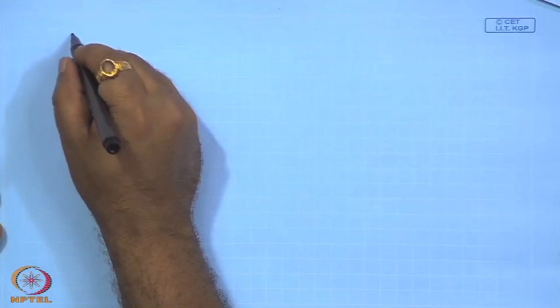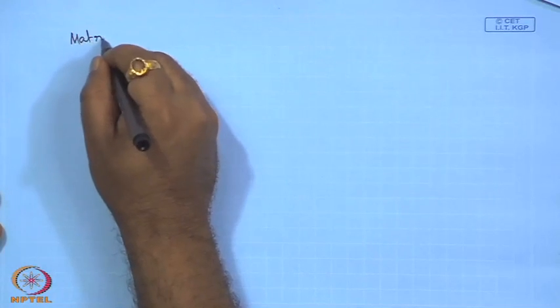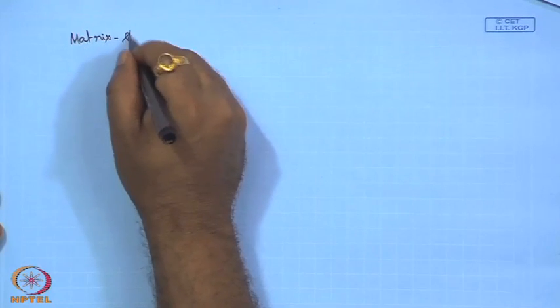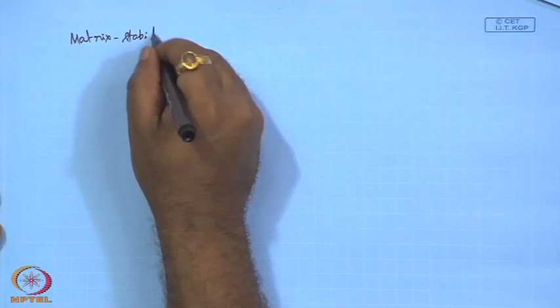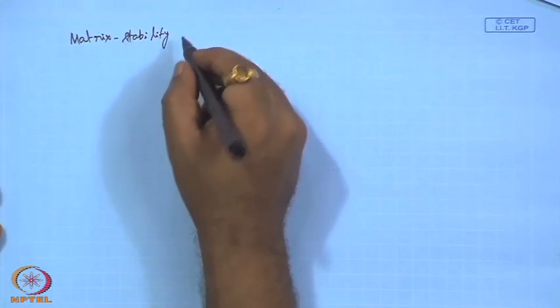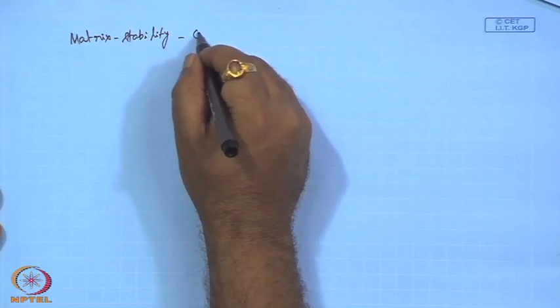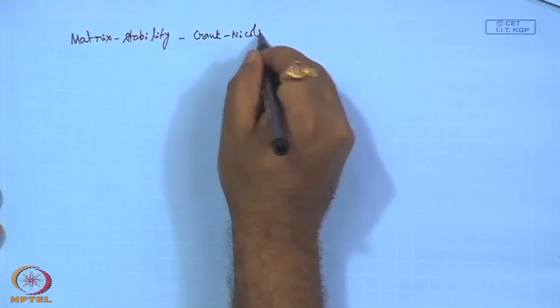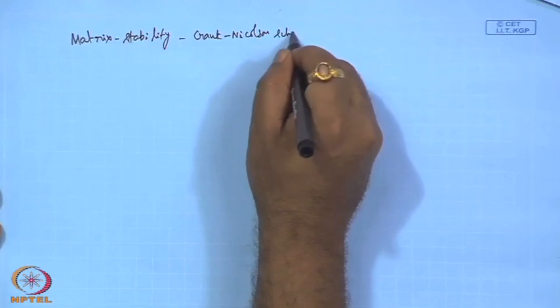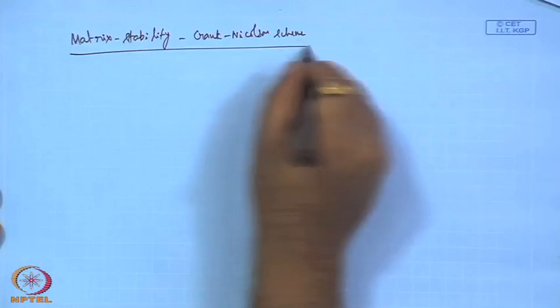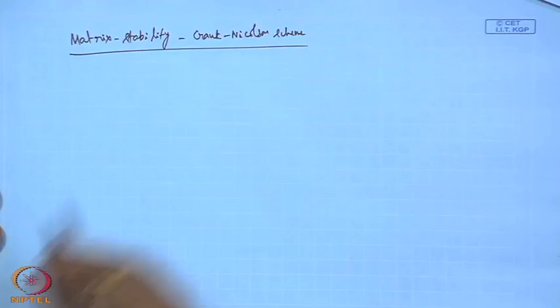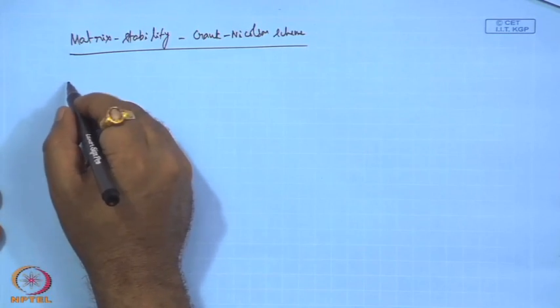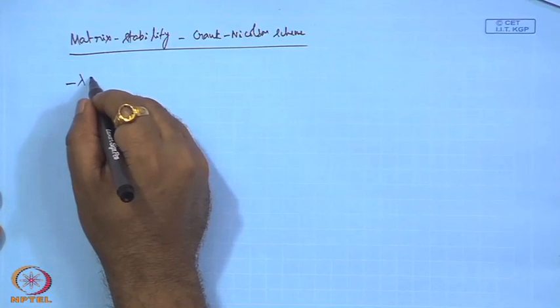So, matrix stability, Crank-Nicolson scheme we have discussed, but we discuss in a different way. So, consider the scheme.